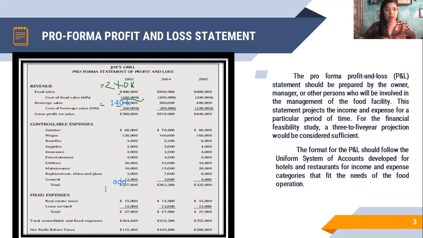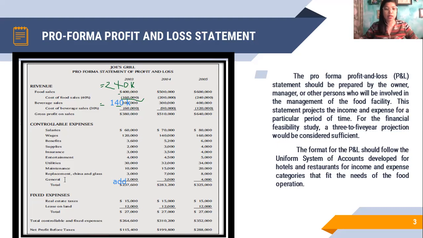Okay, so the general expenses here may indicate the emergency fund, or the amount that you will allot for some other uncontrollable expenses, or some other expenses that might be experienced by your establishment.